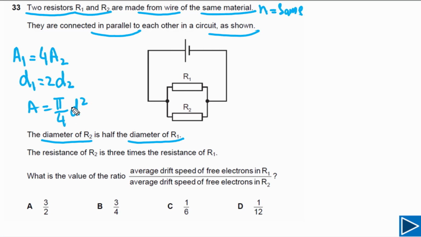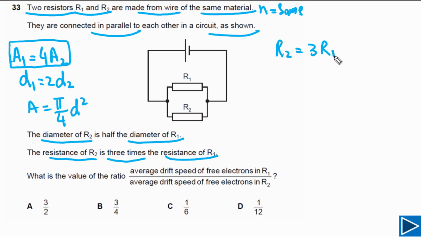If D is double, it means the area is 4 times. That's the reason we have written A1 is equal to 4 times A2. It is also given that the resistance of R2 is 3 times the resistance of R1, so R2 is equal to 3 times R1.